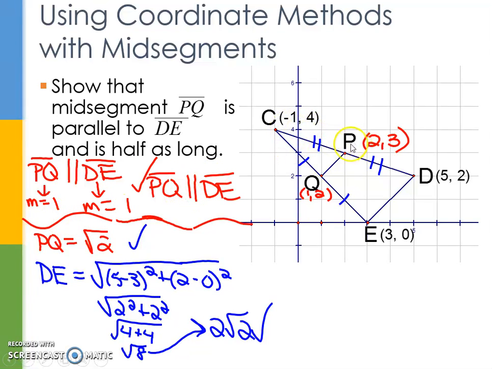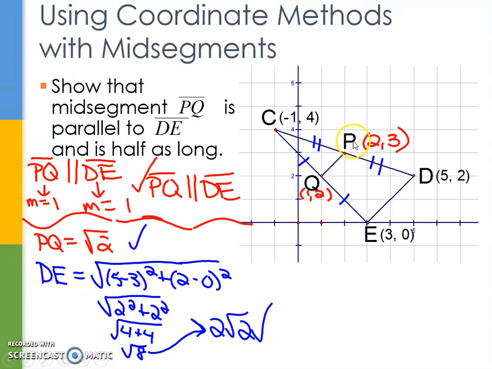Right here, we're going to prove this is a midsegment. P is the midpoint of CD, and Q is the midpoint of CE. When you connect those two midpoints, this is called a midsegment. A midsegment is a segment connecting two midpoints.